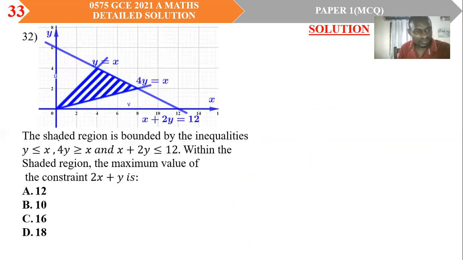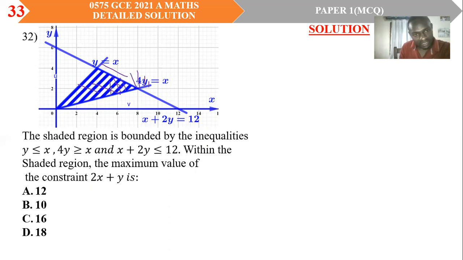Question 32. The shaded region is bounded by the inequalities. Y is less than x, y equal to x, that's the line y equal to x, this line. So y is less than x is this region. Okay, we have 4y is greater than or equal to x. 4y equal to x is this line, and 4y greater than or equal to x means shading this region.